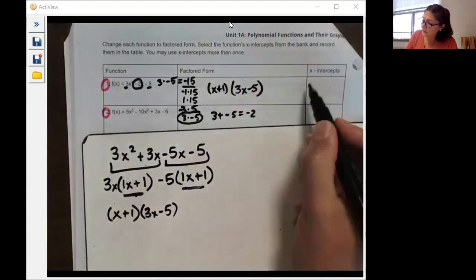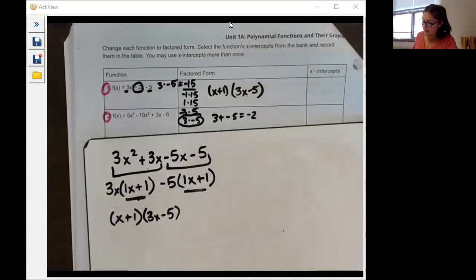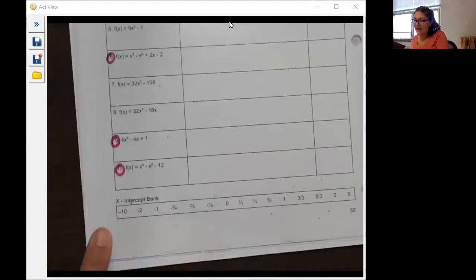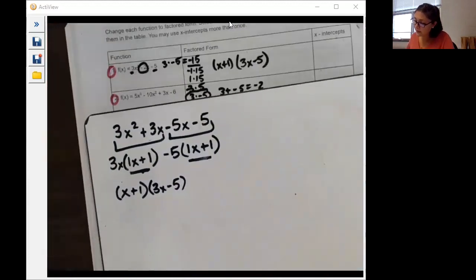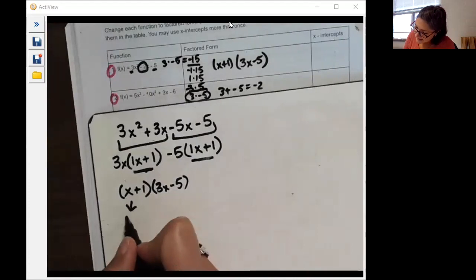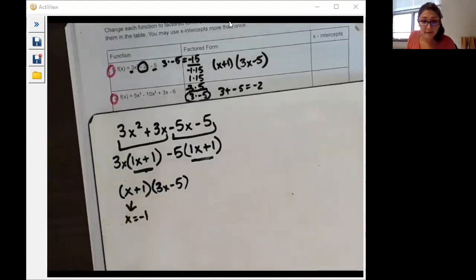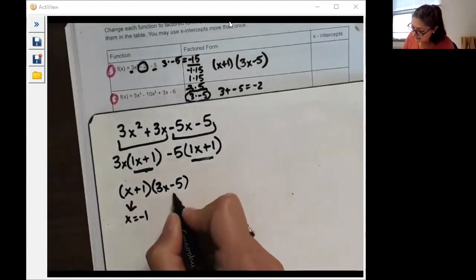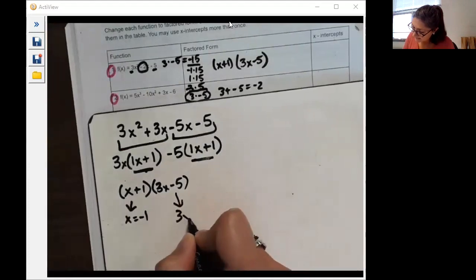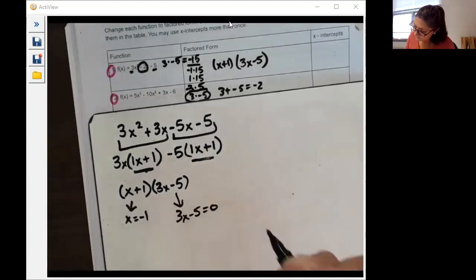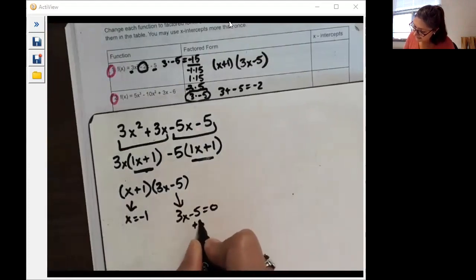And then the other piece we want to do is figure out what those x-intercepts are. And you actually have a bank of options for your x-intercepts. Okay, so if you get x-intercepts that aren't listed down here, go back and double check your work. For this problem, I would get x equals -1 as an x-intercept. And for this factor, I'm going to go ahead and set this equal to 0 and get x by itself.